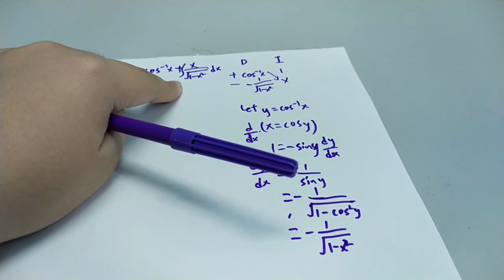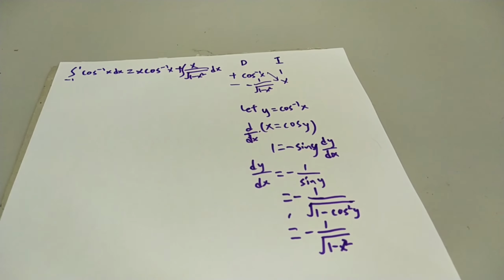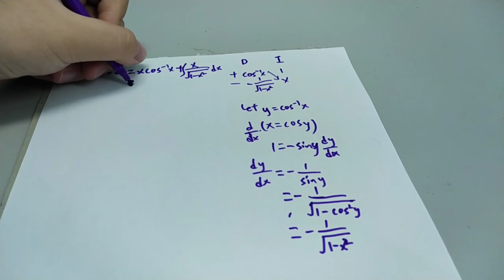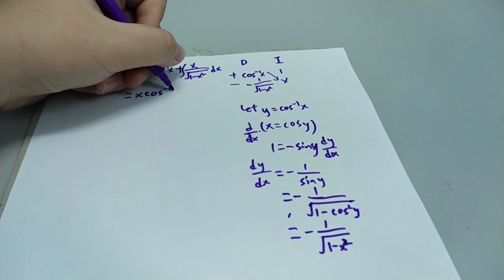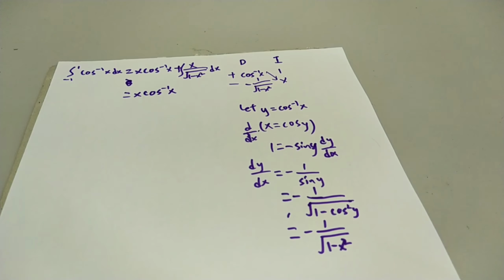Apparently this is really simple because you can just apply a simple u substitution. You do this for yourself. So this is equal to x times inverse cosine of x. And yeah, I almost forgot another thing.